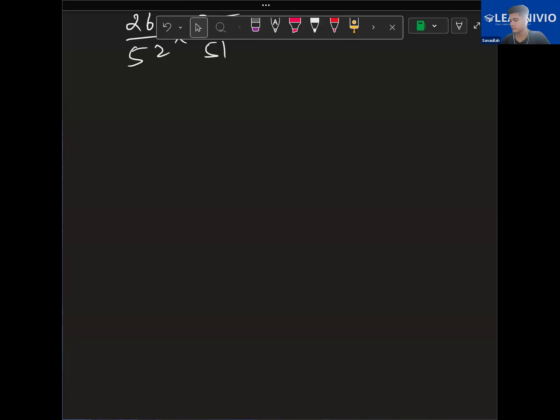Okay, can you give me any example of an independent event? Where you have two events and the occurrence of one event is not affecting the other event.